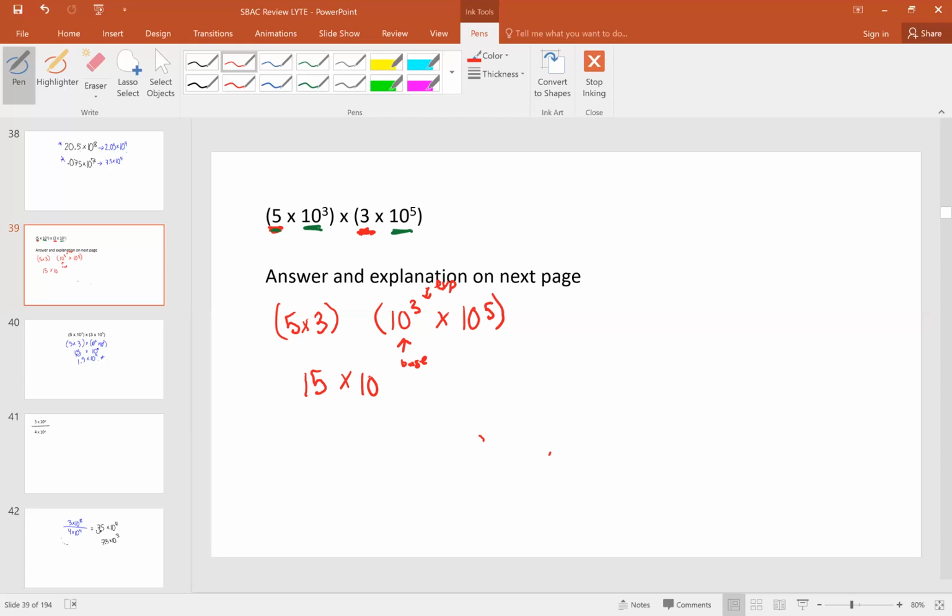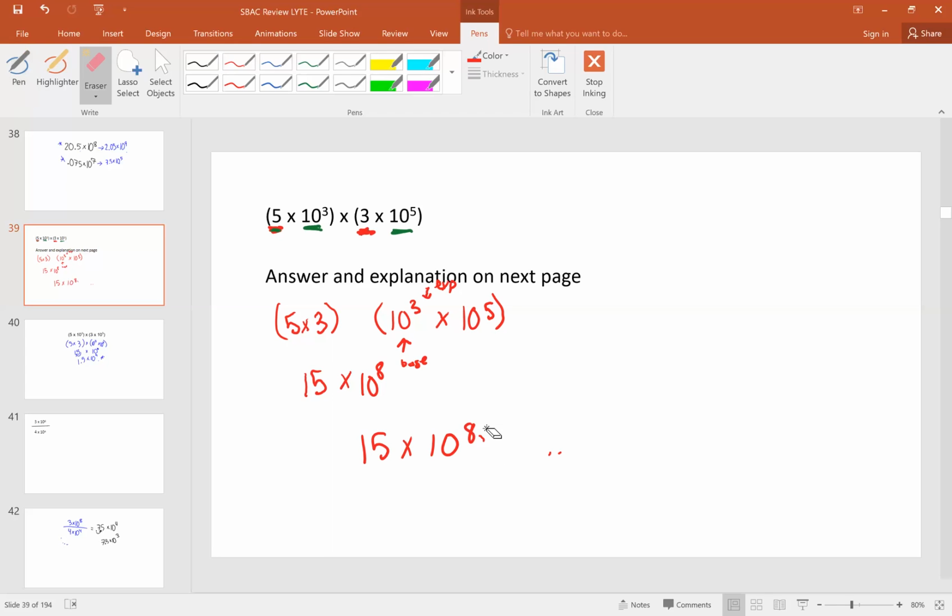The exponent is going to follow the rule, and the rule for multiplication of exponents is you actually add them. So 10 to the 3rd times 10 to the 5th is going to give you 10 to the 8th. So what I would do with this information is, most people would say, well, my answer is just 15 times 10 to the 8th.